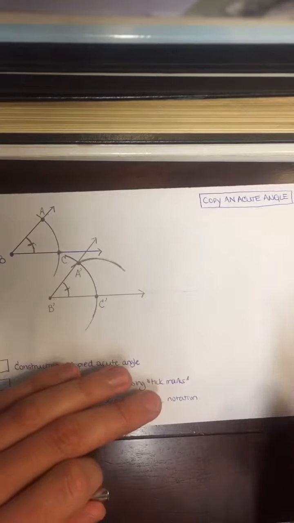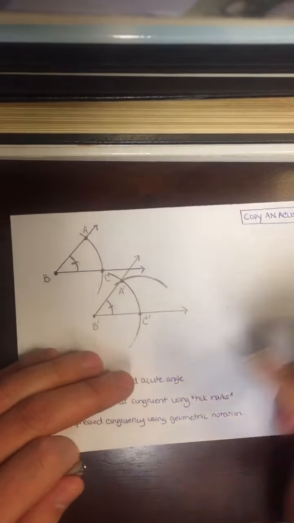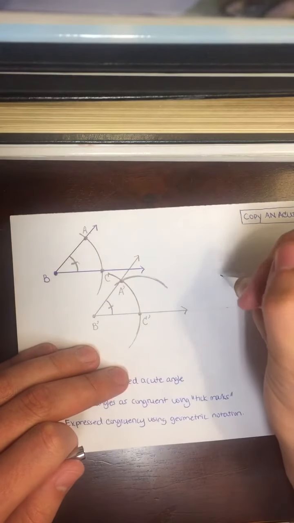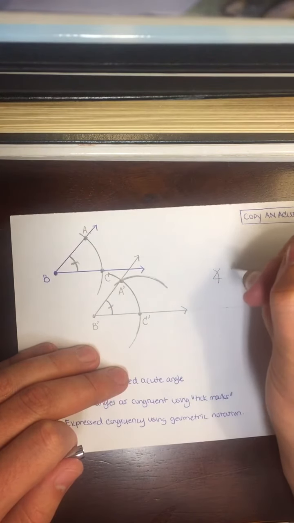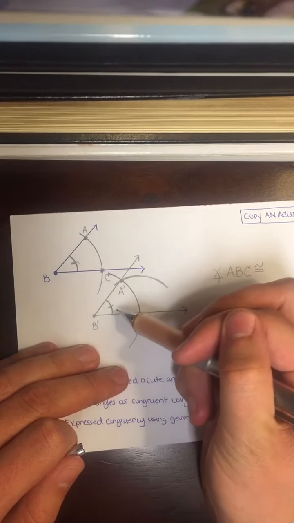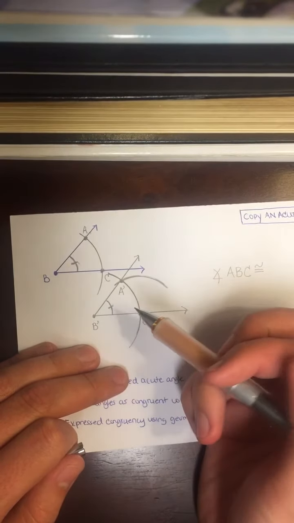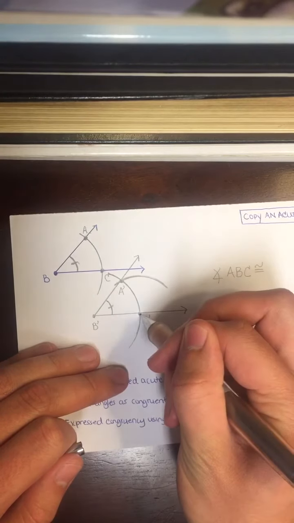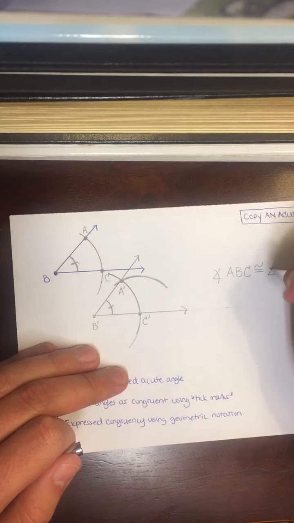I can also write a congruency statement, and I can say that my original angle, angle A, B, C, is congruent to my copied angle down below, and that angle is A prime, B prime, C prime.